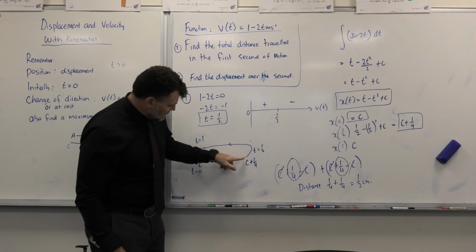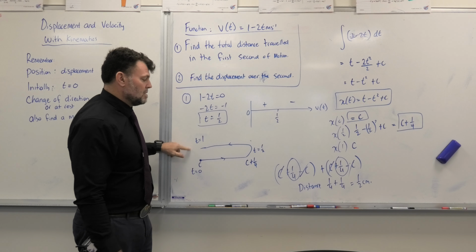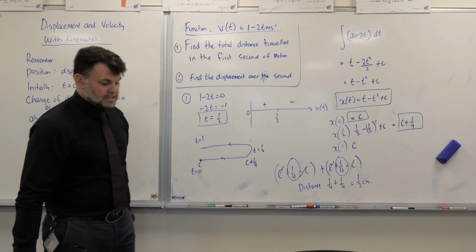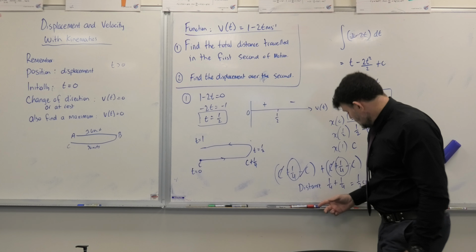So a quarter of a centimetre, at 1/2 second, it's come back another quarter of a centimetre for a total of 1/2 centimetre. So a lot of that work just to get to this point.